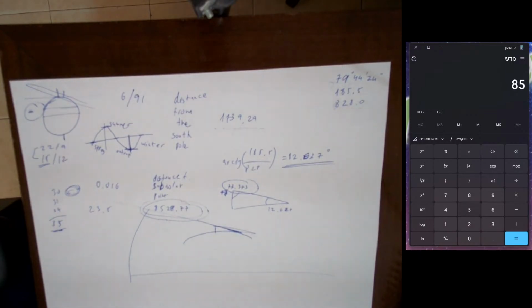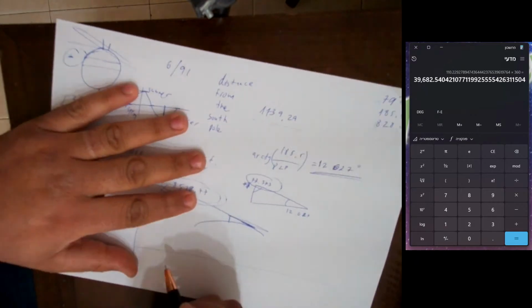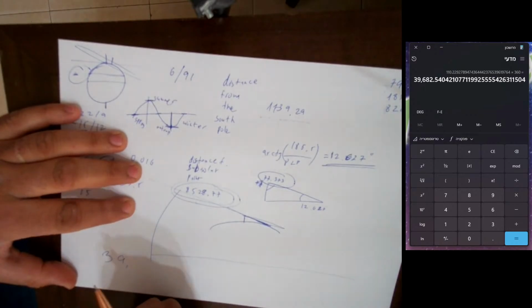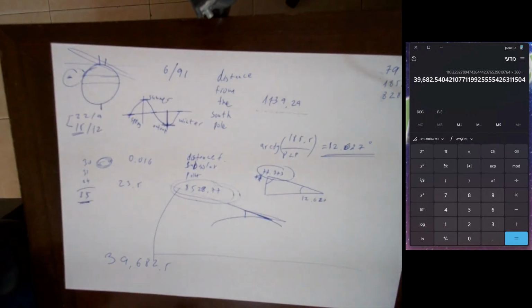So we have 28.77 divided by 77.373, and we have this amount of kilometers per degree multiplied by 360, and we have the circumference of the Earth, which we are about 330 kilometers off the real number. So it is 39,682 kilometers, 0.5.